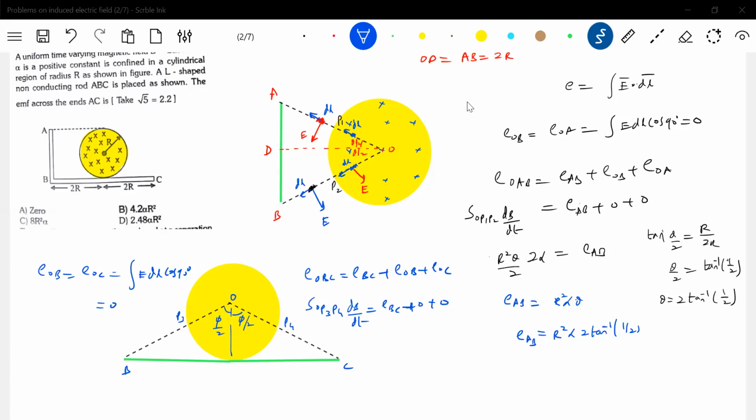How come? Okay. This line, it will pass through this one. Passes through point O. Yes, sir. Then directly I'll pick up 0.